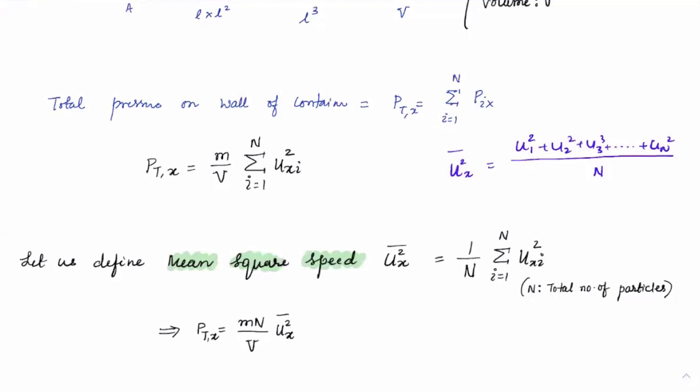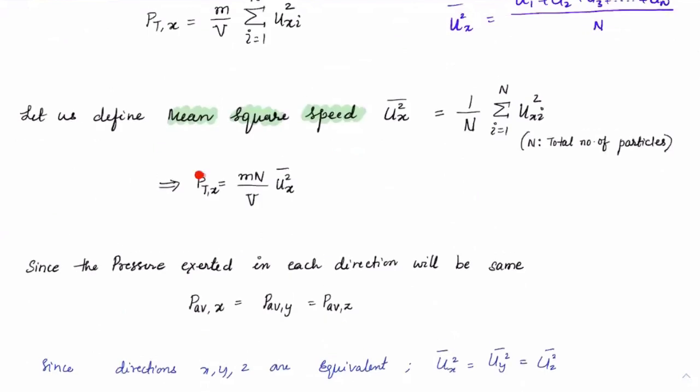So this summation from 1 to n of all of this will be equal to n times the mean square u². This entire term I'm replacing with n times u² mean. Okay, got it.